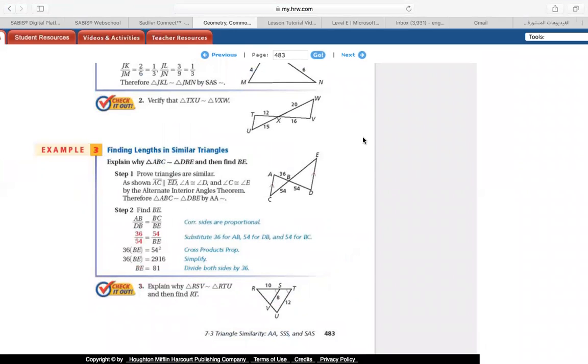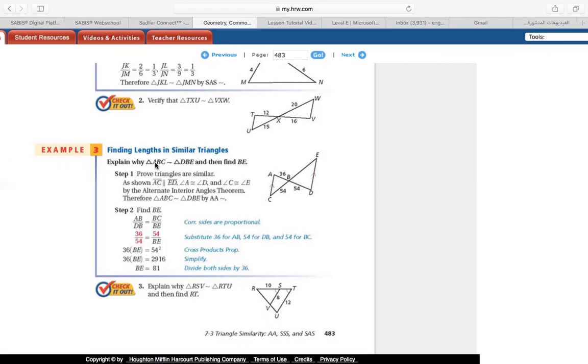Now I want to know the measure of E, this E. Since they are similar, every two corresponding sides are proportional.